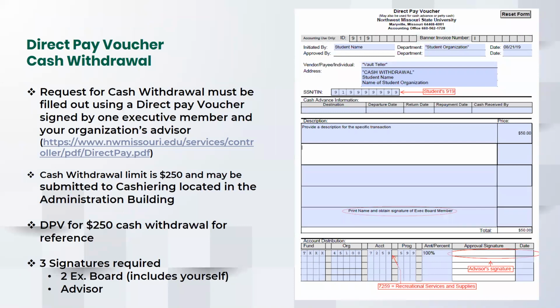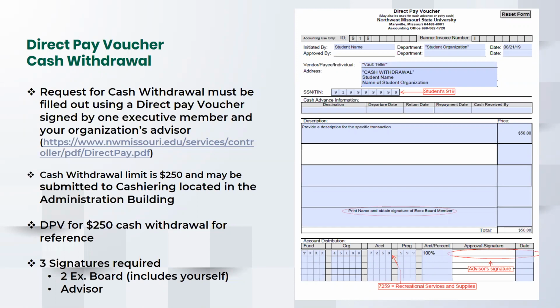So the direct pay voucher for withdrawal of cash is a request that you put through to the cashiering office. It is a $250 limit. The $250 cash withdrawal is referenced in a direct example on the right side of this screen.